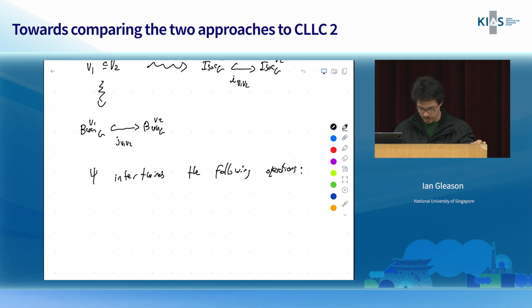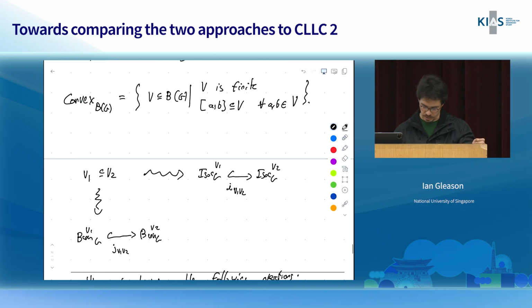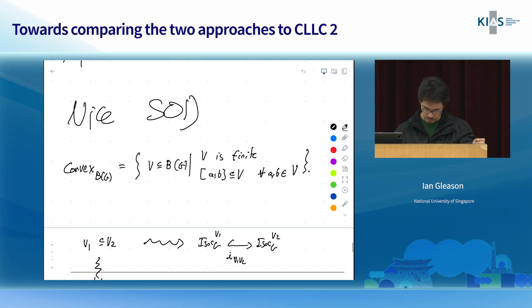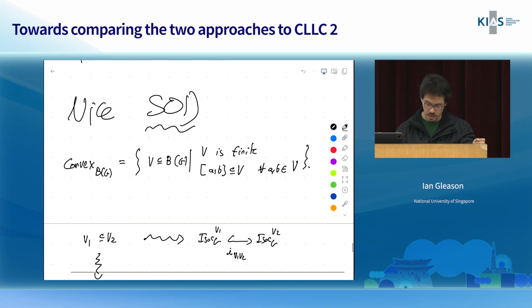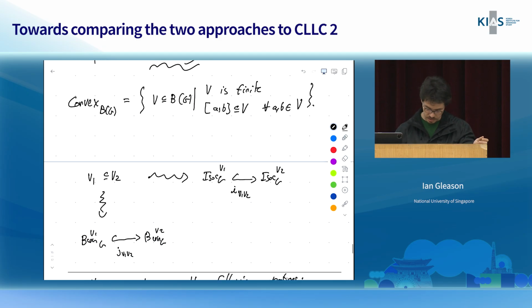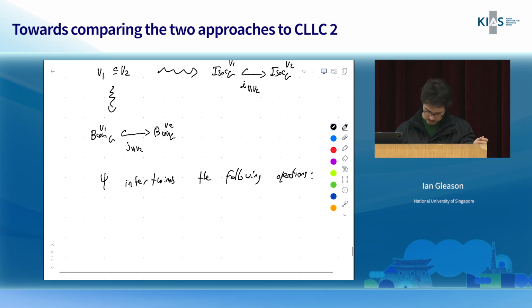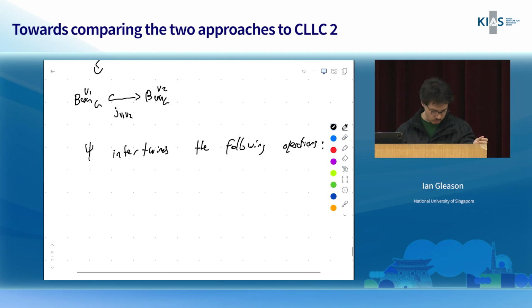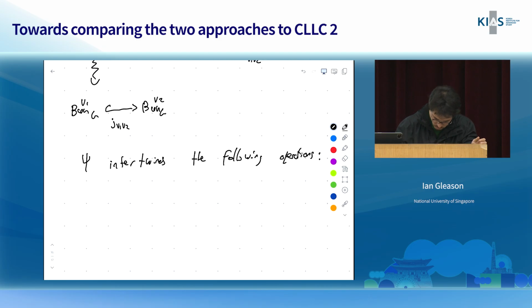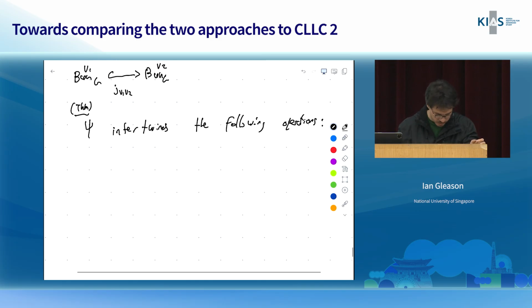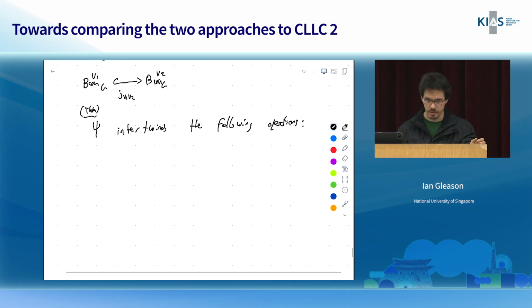Showing that the intertwining of the operations holds is a way of saying that the functor is compatible with semi-orthogonal decompositions, in a way that I'm going to explain. But first, let me tell you which operations get intertwined. Maybe I can put this as a theorem, but it's a theorem that is also part of the proof.